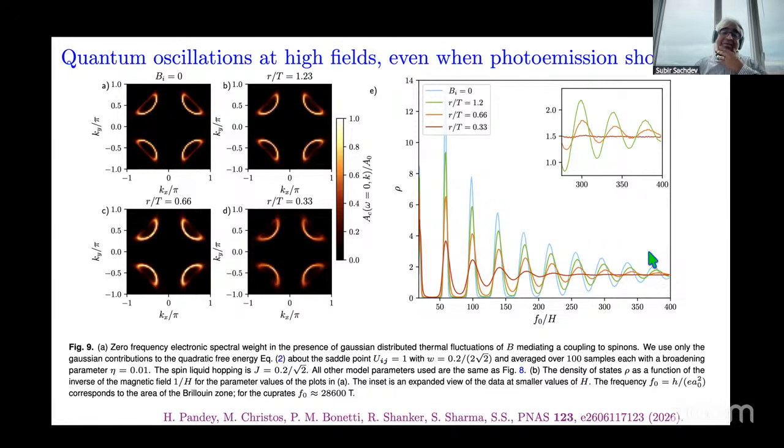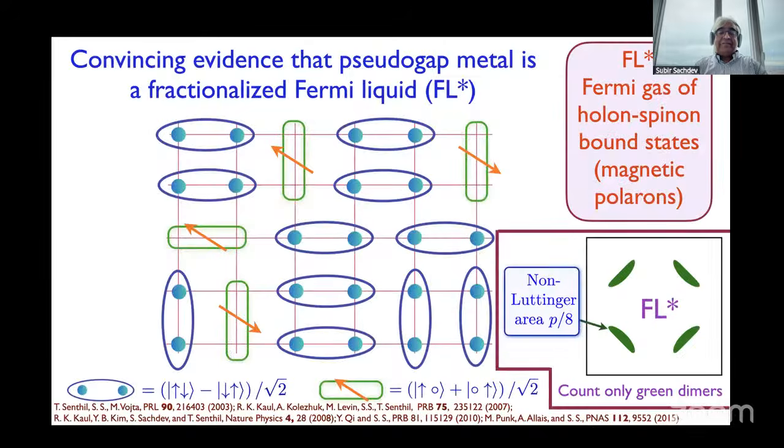Okay, so that's basically the end of my talk. The basic punchline is that I believe there's a lot of evidence now that the pseudogap metal is a fractionalized Fermi liquid. This is the very simple picture of it. You can think of it as a Fermi gas of holon-spinon bound states, and this explains the pockets seen in various magnetotransport experiments.